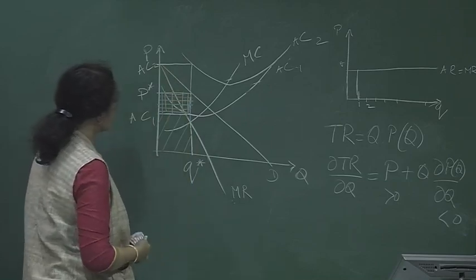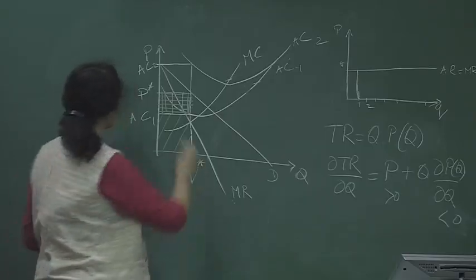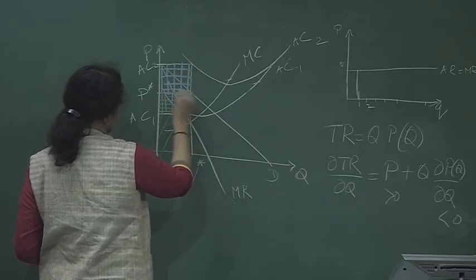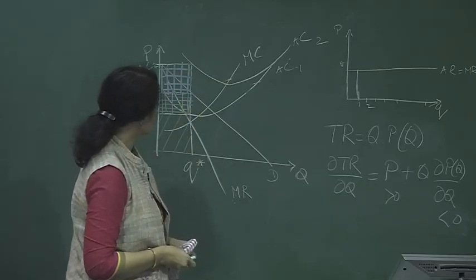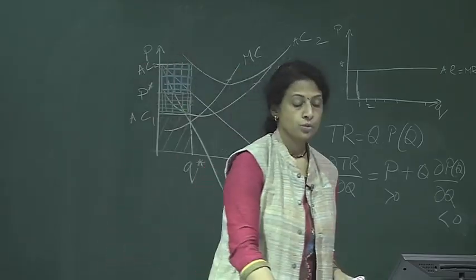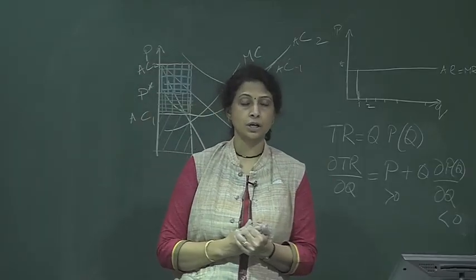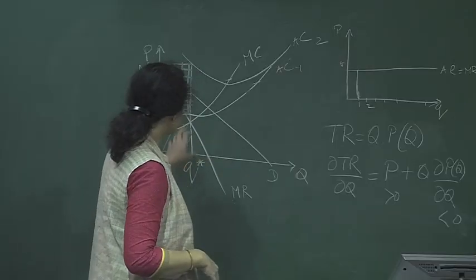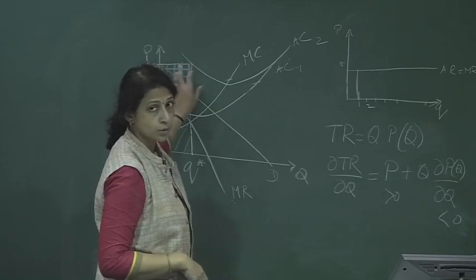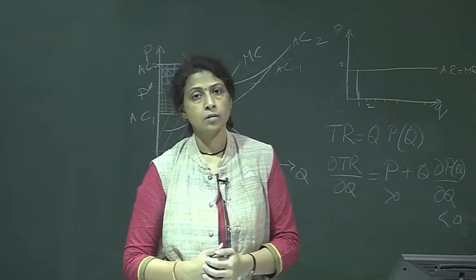So, here he is incurring a loss, equal to this blue rectangle. So, whether the monopolist is going to get a profit or not will depend on his average cost of producing the output, and we can see from here that it is possible for the monopolist to get a profit, and it is also possible for the monopolist to incur a loss in the market.